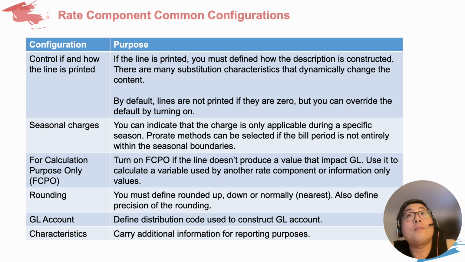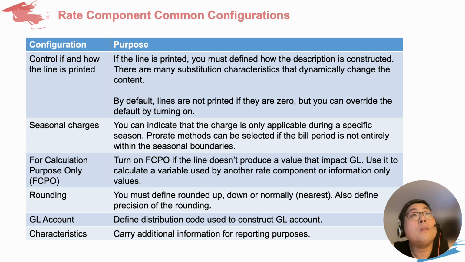If you have worked on the rates, you will probably be familiar with this, but I want to highlight some of these, because in every configuration for rate components, you will need to consider these aspects.